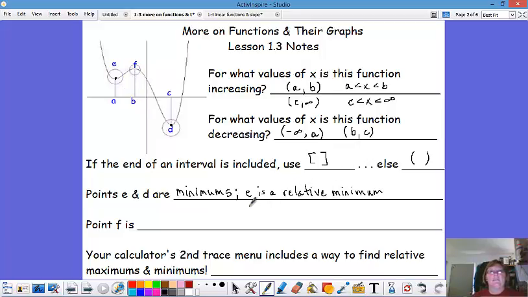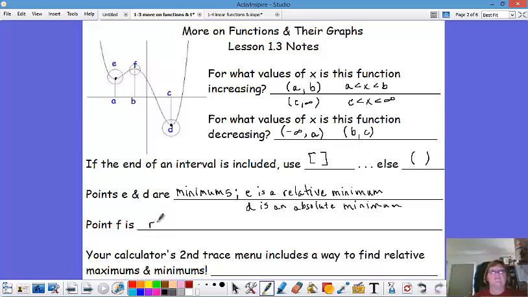We would call D an absolute minimum, since there is no point in this function that will ever go lower than D. Good. All right, the point F, as you can well imagine, is a maximum.